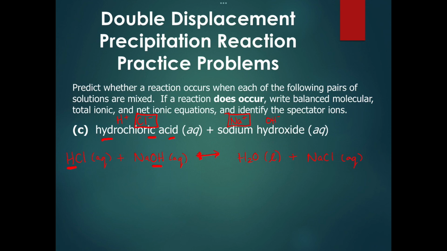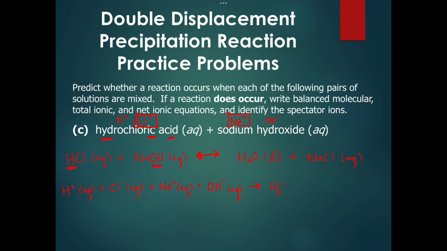Now we're going to write our total ionic equation by splitting everything that's aqueous and ionic into ions. So hydrochloric acid will split into H+ and Cl-. Sodium hydroxide will split into Na+ and OH-.